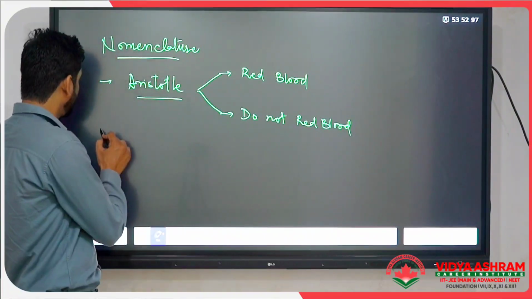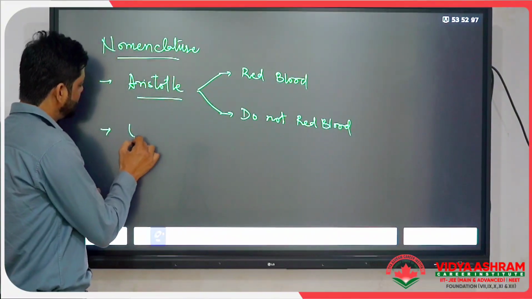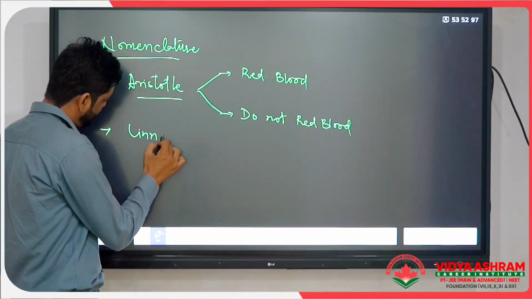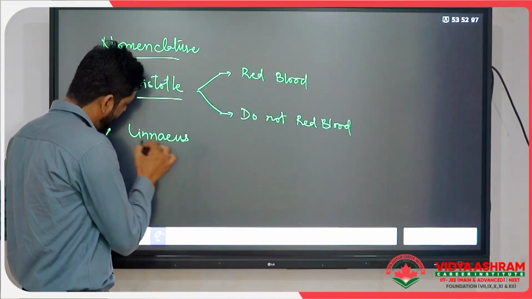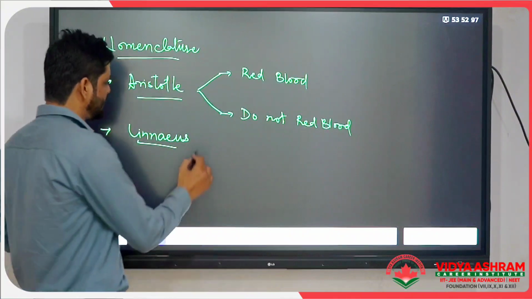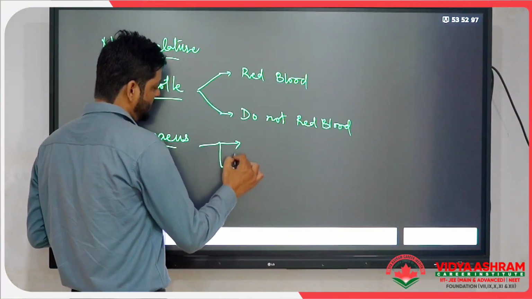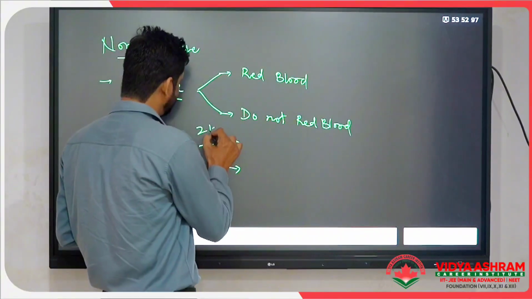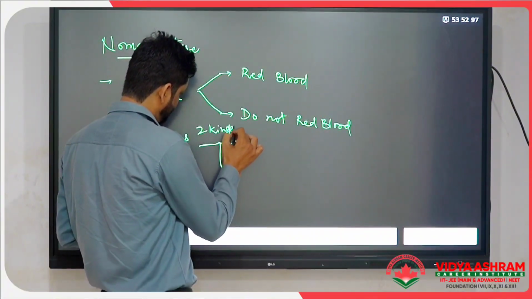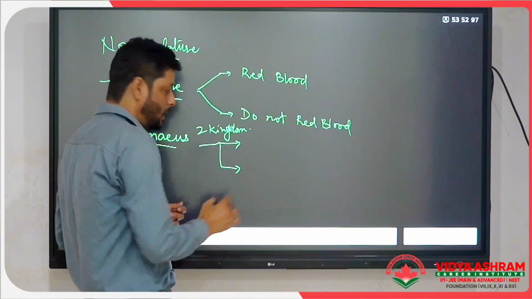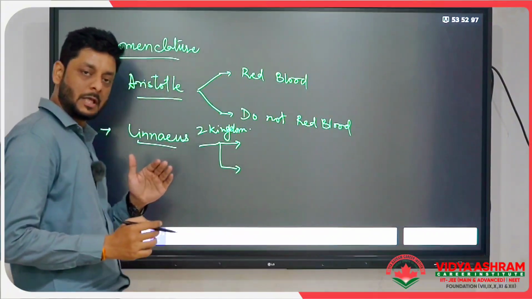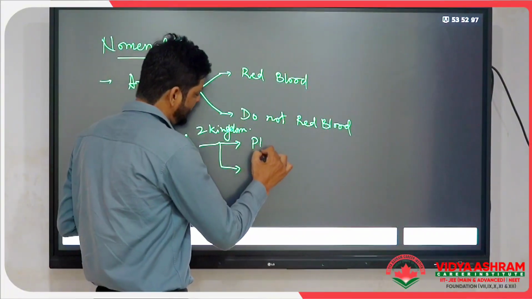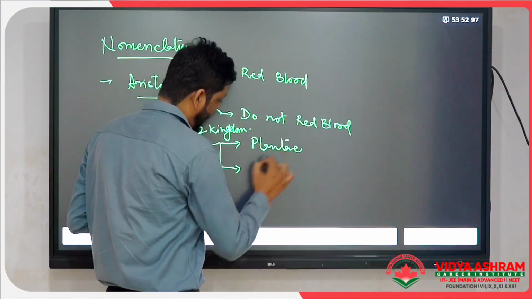Then another scientist came, called Linnaeus. Linnaeus divided the whole biological world, the whole living organisms, into two categories, called the two kingdom classification. Linnaeus divided them into kingdom Plantae, the plants, and Animalia, the animals.